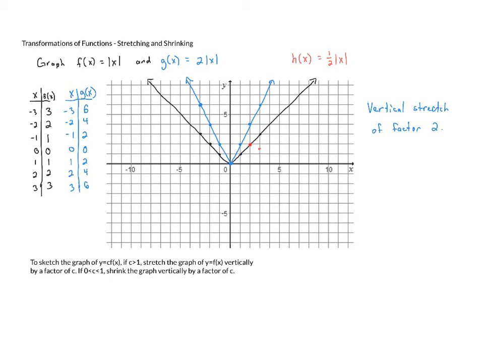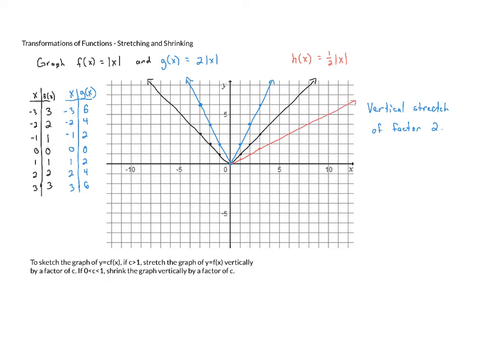This next point, it's 2 units above the x-axis. When we cut that in half, it'll be 1 unit above the x-axis. The next point is 1 unit above the x-axis. When we shrink that by 1/2, it's going to be 0 units above. And this right-hand side is going to end up looking like this. It's shorter.